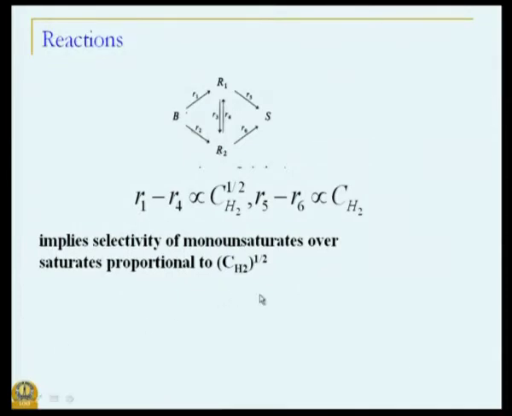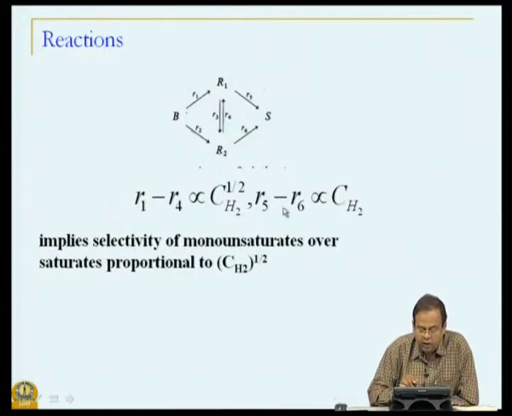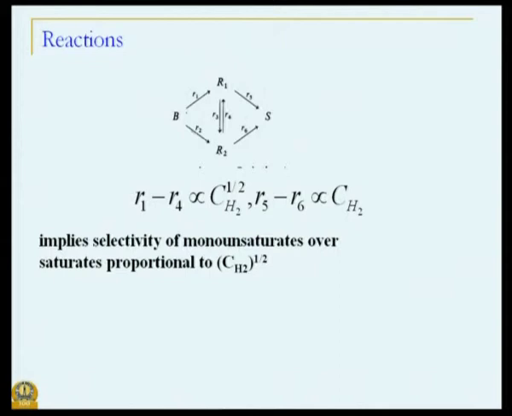Once again, this is my reaction scheme: B going to R1, B going to R2, R1 going to S, R2 going to S, hydrogenation reactions, and then the isomerization reactions. As I said earlier, R1 to R4 are proportional to hydrogen concentration raised to half, and R5 to R6 are proportional to concentration of hydrogen raised to 1, sorry.